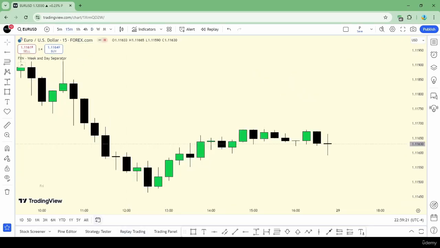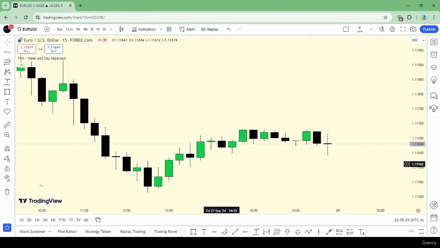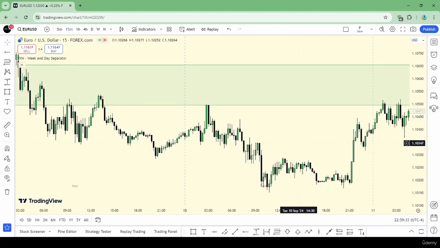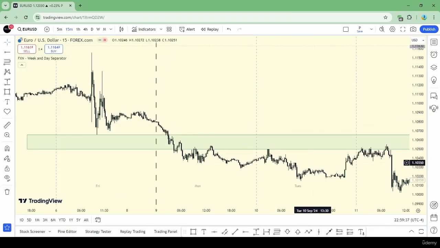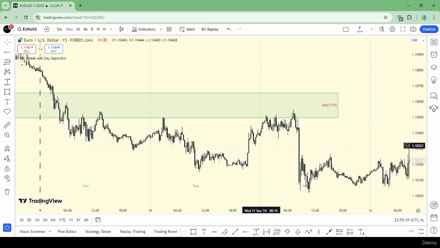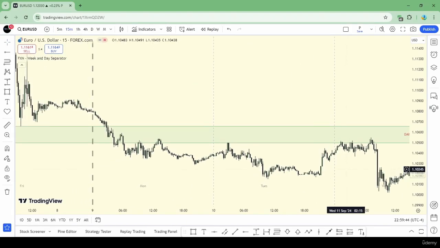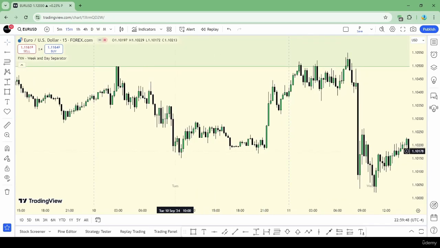So we are going to go to the 15 minutes, and here on the left side, we are going to look for the 11th of September in the 15 minutes chart. So this is it. This is our daily fair value gap, and this is just an example of what we want to see.